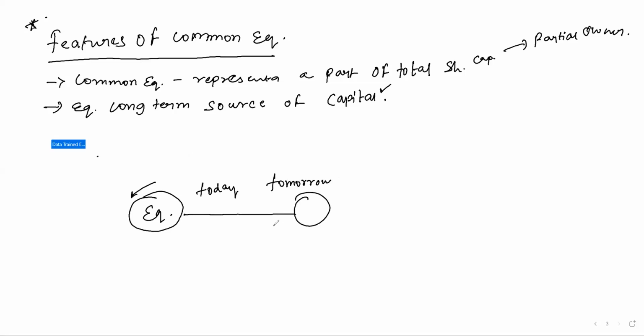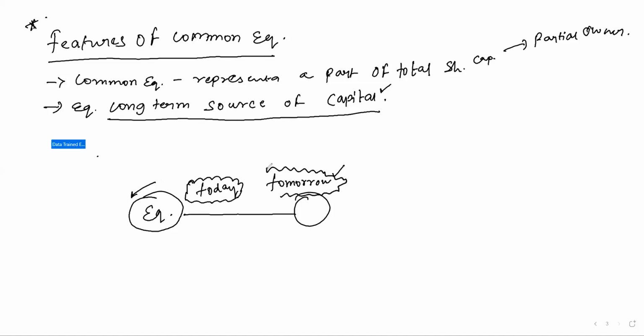So what could be the reason that common equity shares serve as a long-term source of capital for any business? Everyone understood my point? I have bought shares today, I have sold them tomorrow. So how can this serve as a long-term source of capital for a business?